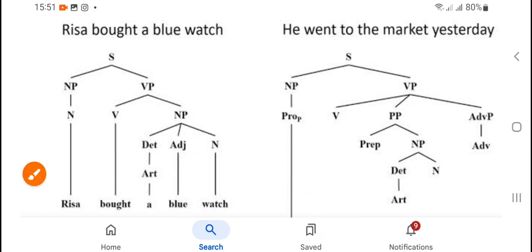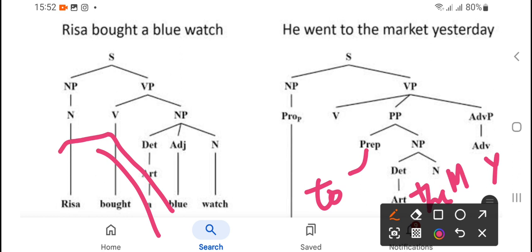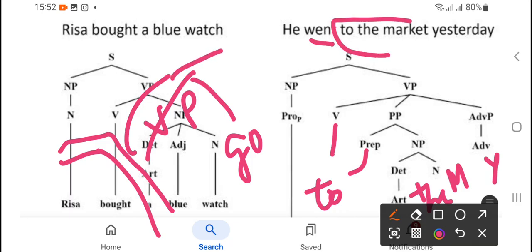Then come to the preposition. So here you should write to, and then article, the, market, okay, and yesterday. So this way you just imagine, this is one of the branches, and then another branch is verb phrase. In verb phrase first, just drop the verb, the verb is go, right? And here past, and then another branch is to the market, that's another branch.